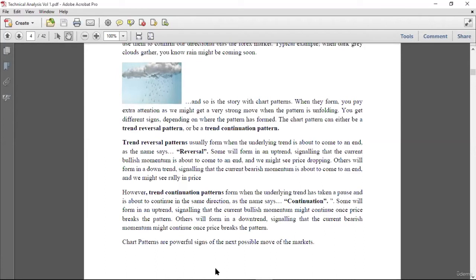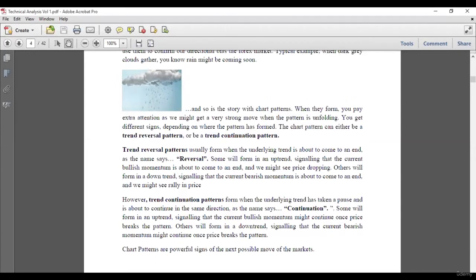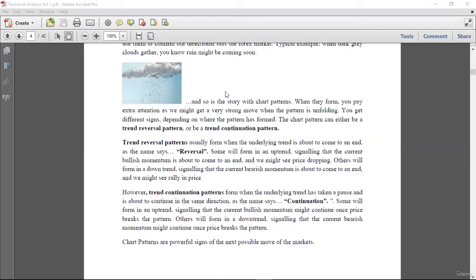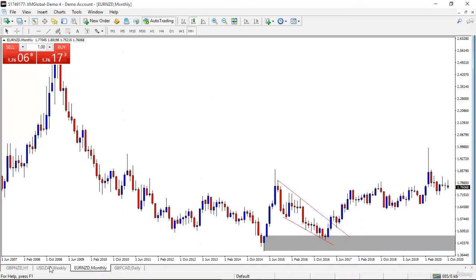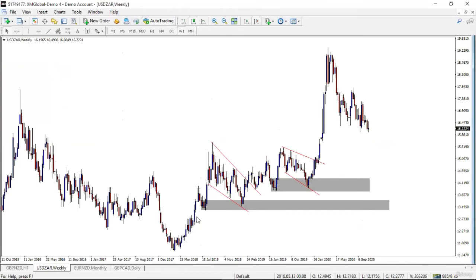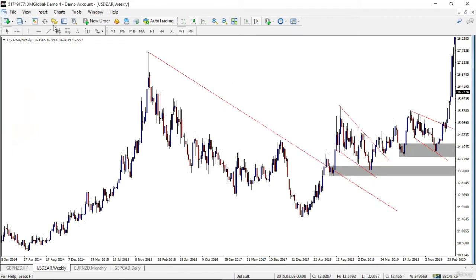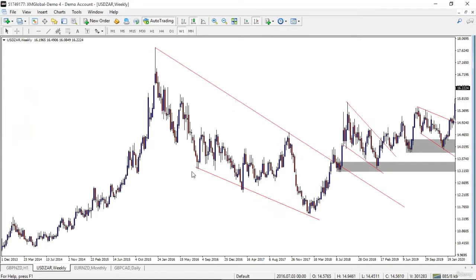So if you have an uptrend, like here on USD, the market is creating higher highs and higher lows going up. After breaking that bearish trend line, the long-term trend that you had there, which might actually have been another pattern, most probably.